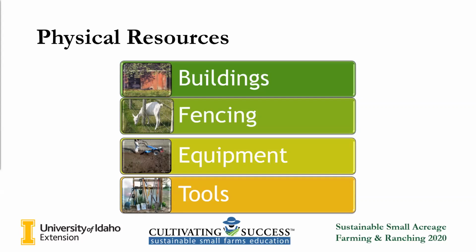If you have buildings on your property already, what's the condition of those buildings, and what are the potential uses for them? Is it someplace to house equipment or animals or feed? What can it be used for? Do you have fencing, and what type do you have? Again, what's the condition or age of that fencing?